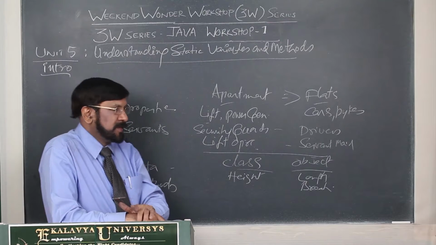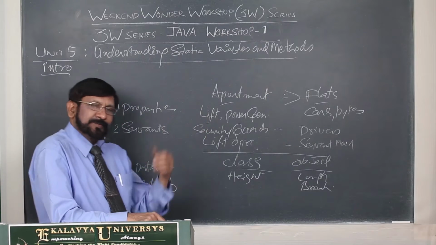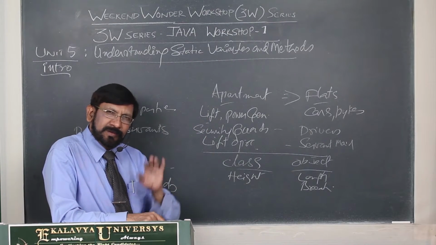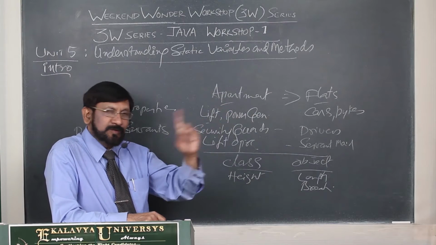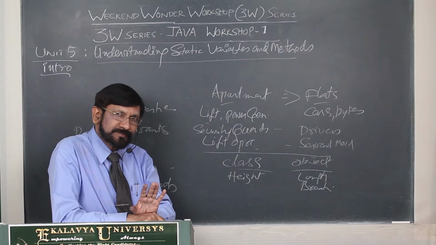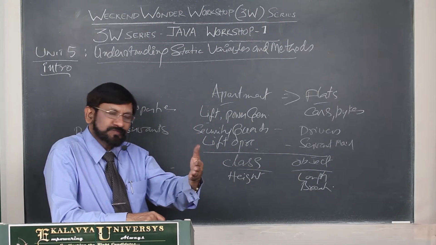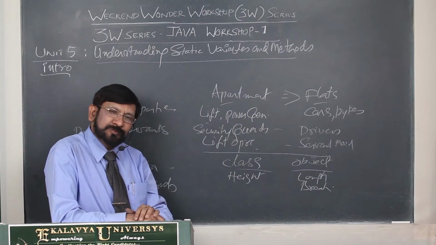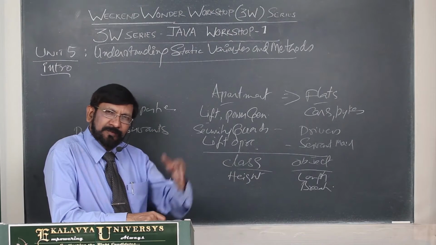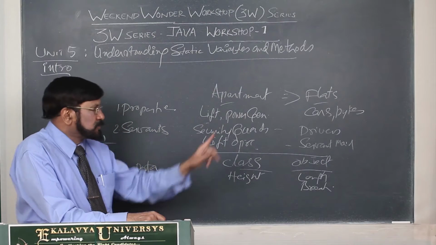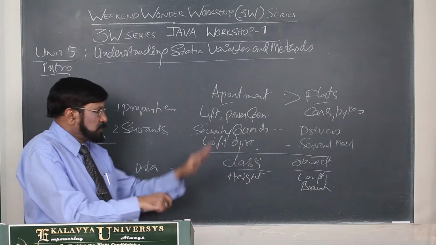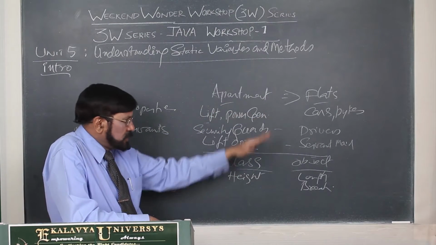That is the difference. In the same manner, the lift belongs to the apartment, not to individual flats. You know the reason: one or two lifts are enough for common use. And one or two power generators are enough for the entire apartment. So these are common facilities.